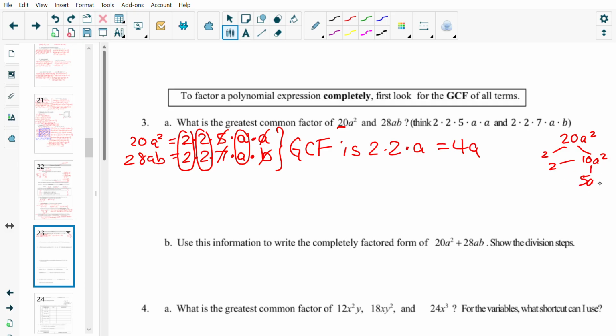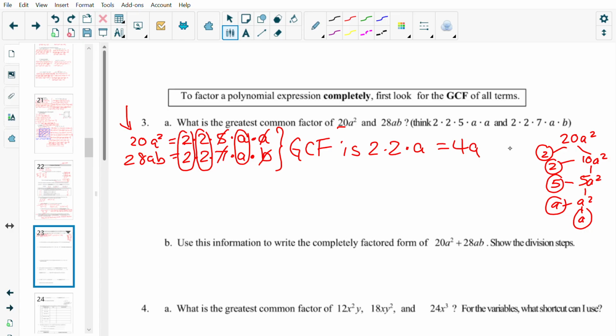Oops, that's 5a squared divided by 5, that's a squared, divided by a, that's a. So that's the 2, 2, 5, a, and a that you see for the first one.